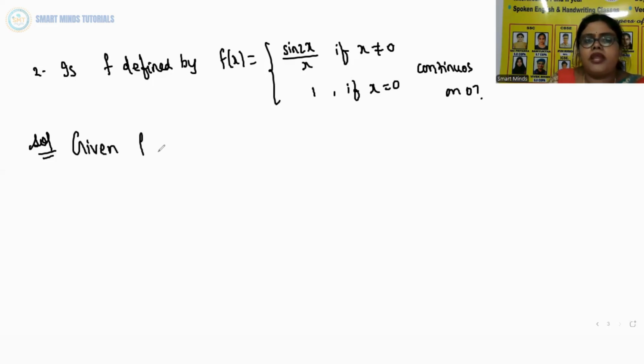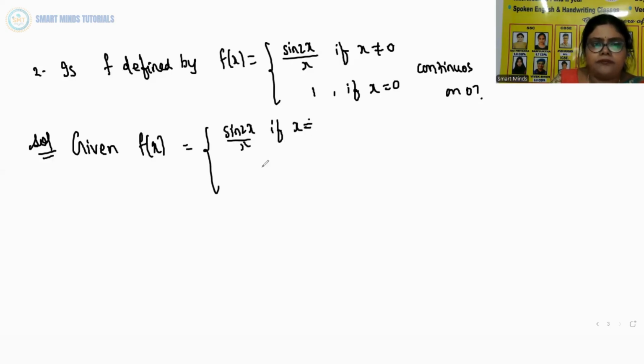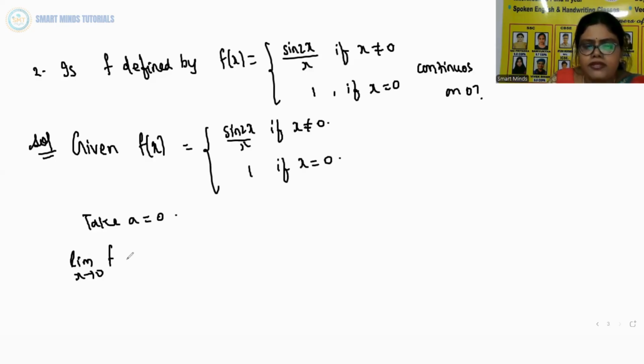First you write the given function. Given f of x equals sine 2x by x if x is not equal to 0 and 1 if x is equal to 0. Now you take a is equal to 0. So limit x tends to 0, f of x is equal to limit x tends to 0, sine 2x by x we will take first.